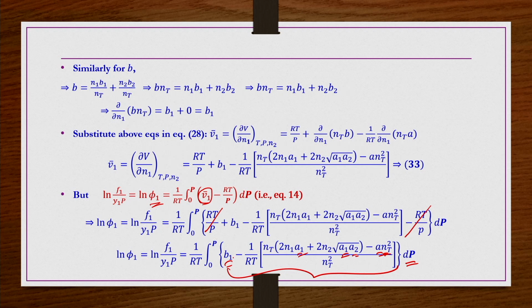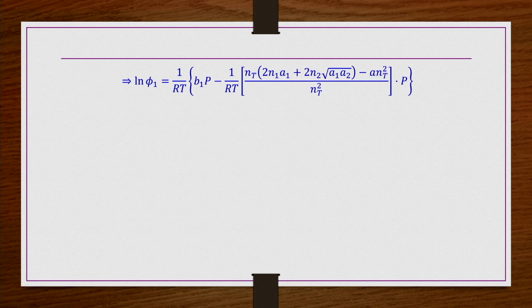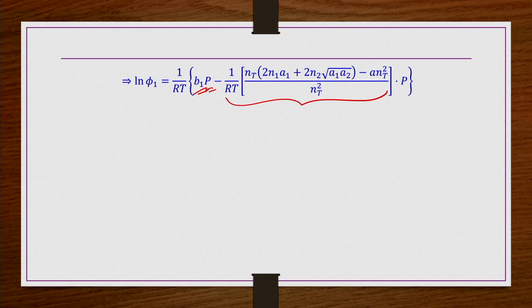So then we get B1 P minus this particular term multiplied by P. That is what this term gives, by integrating and substituting the 0 to P limits. So both of these terms are independent of P. So the integral of dP is P, and with limits 0 to P, P minus 0 is P. So that P we are substituting here, right.